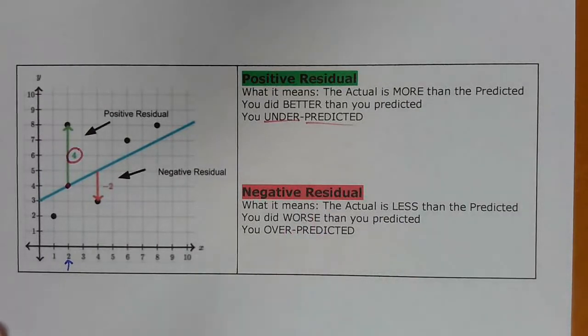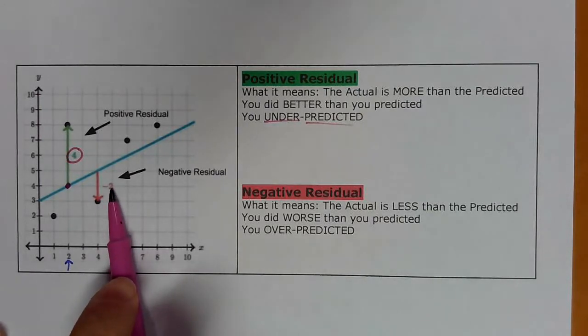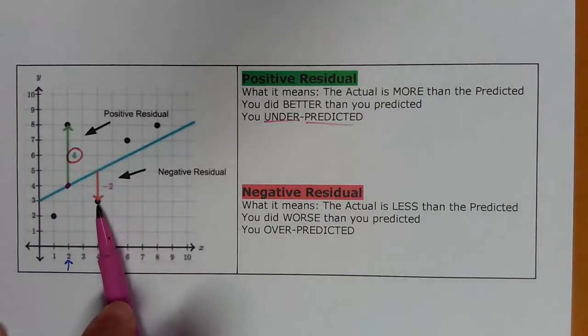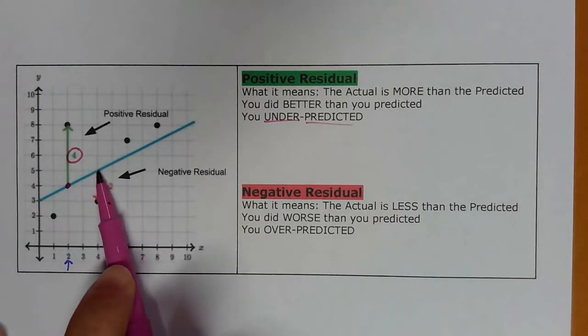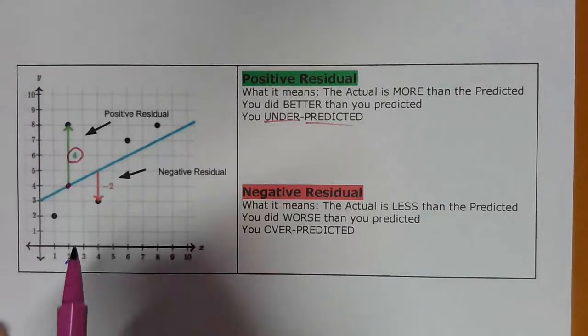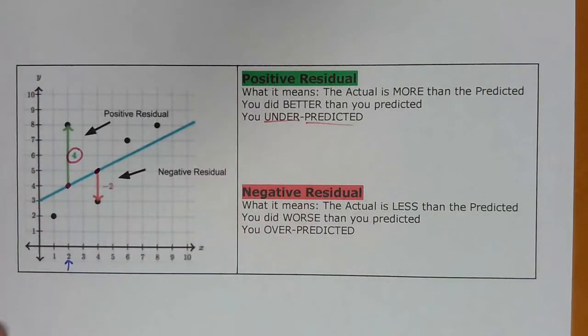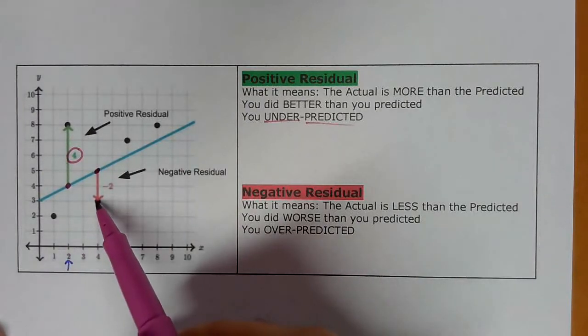A negative residual, for example, here we have a negative residual of -2. That's telling us that our actual data points that we have observed are 2 below the prediction value. The prediction value is 5, because that's where it falls right on that blue line. The actual was 3.